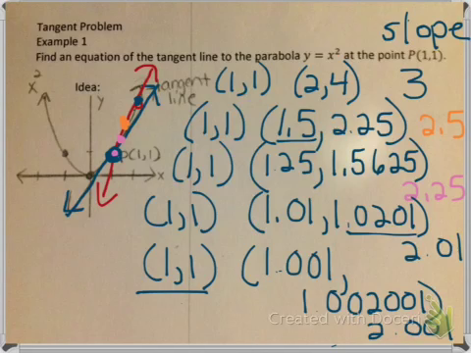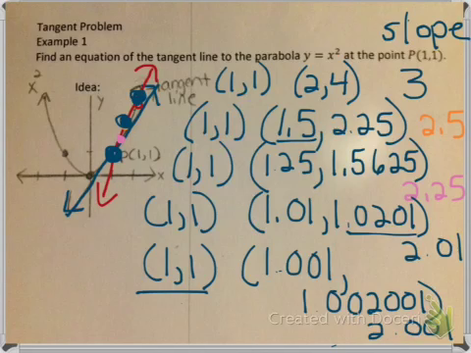So what have I done? I have my point (1, 1), and I started with the point (2, 4), connected those two and found the slope of that line. Then I got closer to (1, 1), and found the slope of that. Then I came even closer and closer and closer.